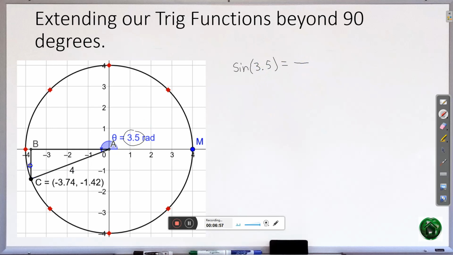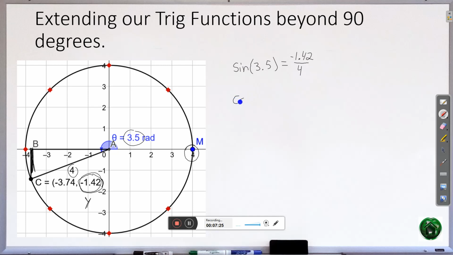So I come to, this is my y value here, but I'm going to get that from the point. So there is the y value, negative 1.42, divided by the hypotenuse, but another word for hypotenuse is the radius. I do have it labeled here, but you can also see the radius right here is 4.